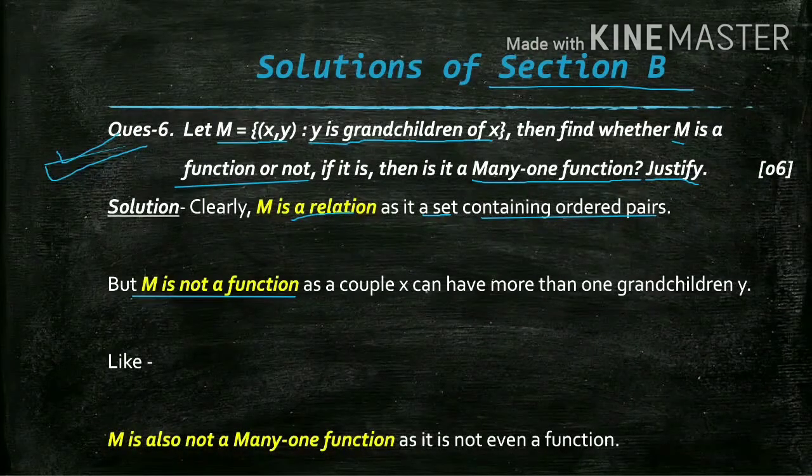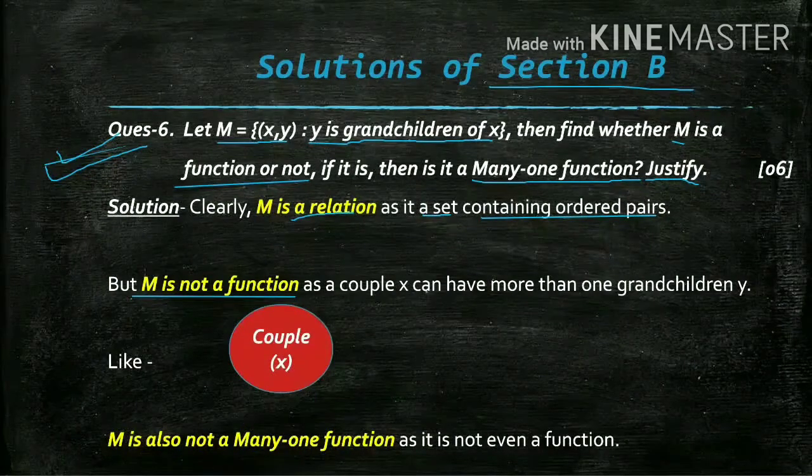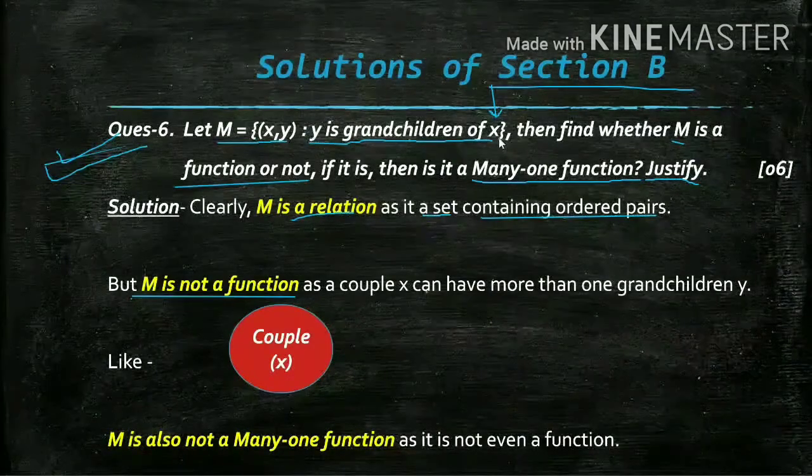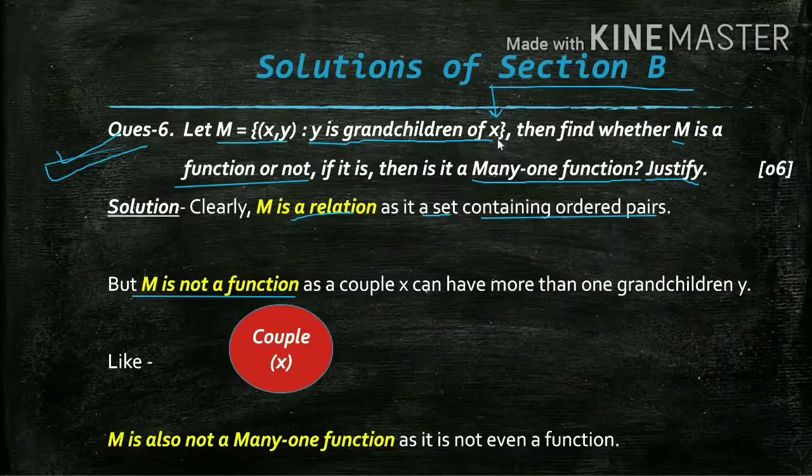Okay. So let's understand with a graph. Let me take a couple X. Couple means a pair of husband and wife. You can take it like that because it's saying Y is the grandchild of X. So you can take X as a man or as a woman, or you can take X to denote a couple basically.